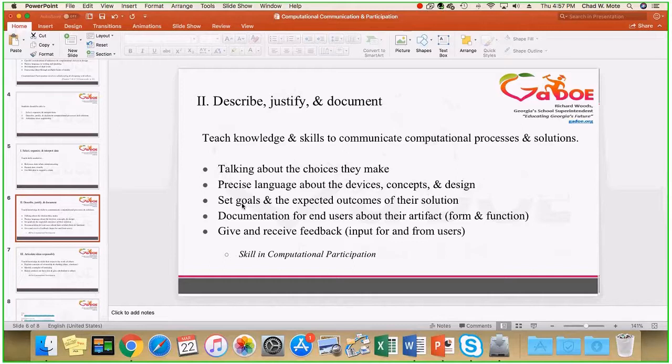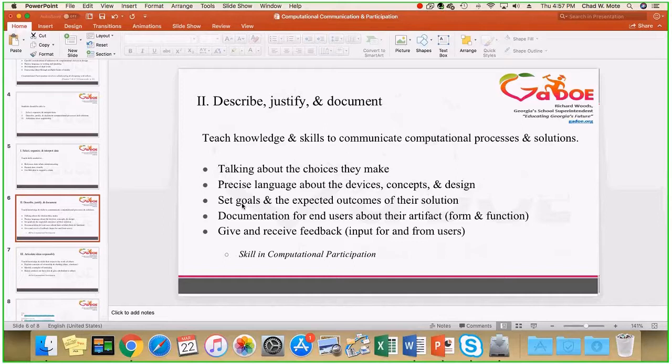So if it's movement, I'm needing to move sprite A to point X, Y, then what happens after that? And having students be able to articulate that is related to cause and effect, and then being able to see the steps to get there.